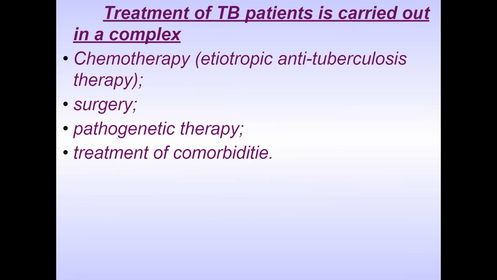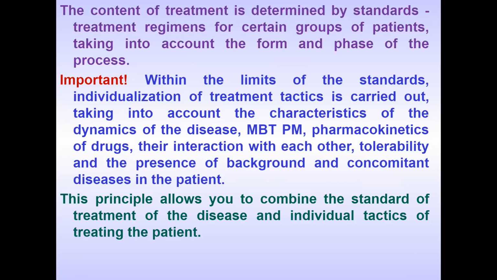Treatment of a TB patient is carried out in a complex: chemotherapy, surgery, pathogenic therapy, and treatment of comorbidity. The content of treatment is determined by standards, treatment requirements for certain groups of patients, taking into account the form and phase of the process.